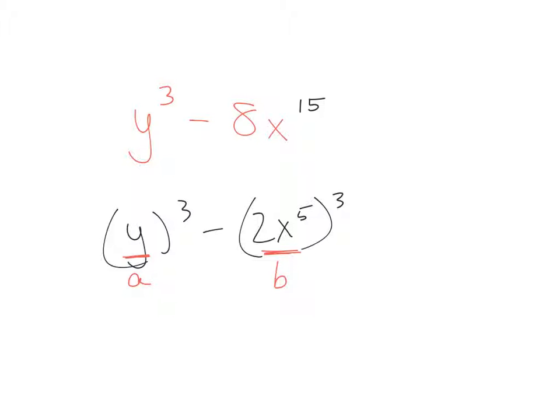So, for example, if I have difference of cubes, what's the formula for that? Because this is a difference here, so I don't need to worry about the sum. The positive I can look at later. What's the formula for difference of cubes? I can tell you if you remember. It's keep the first sign and change the second, we went over.